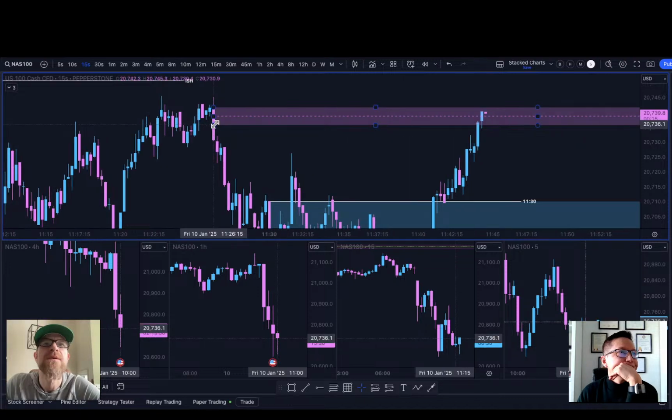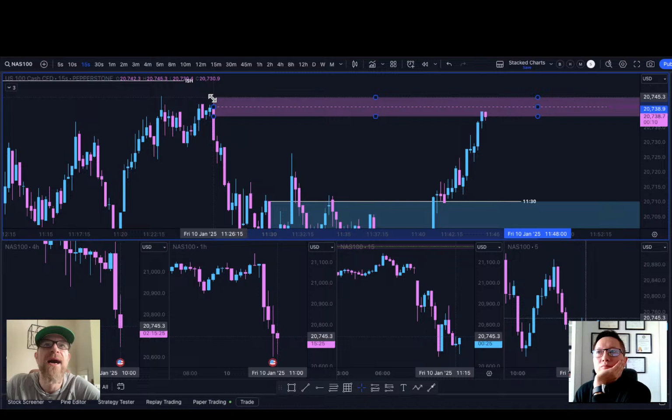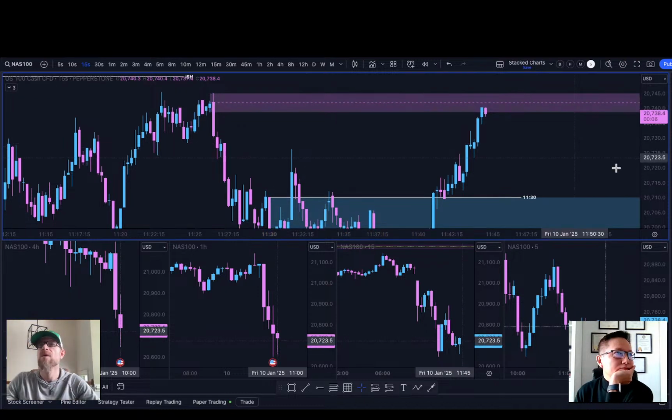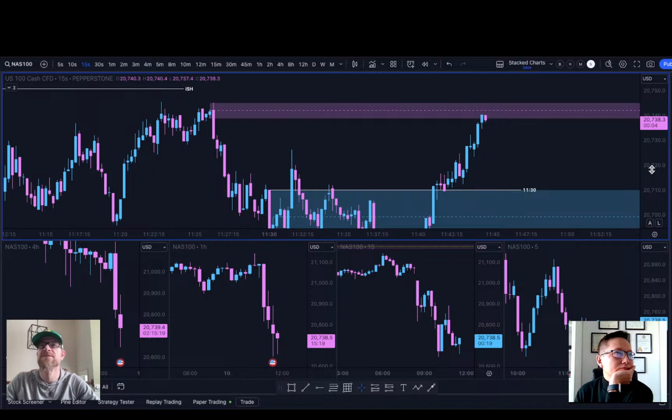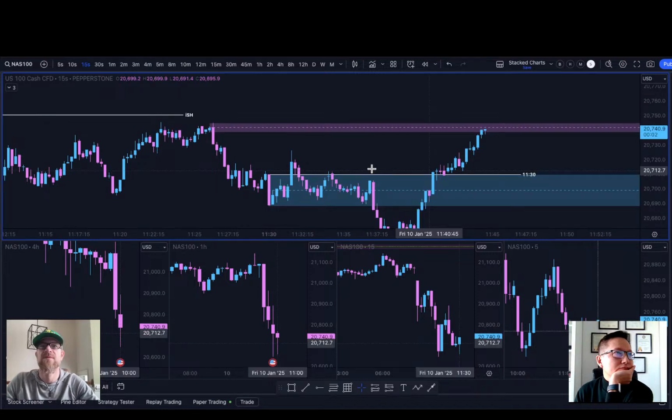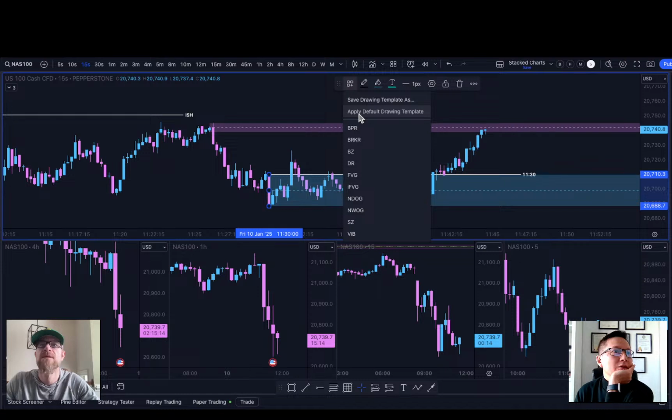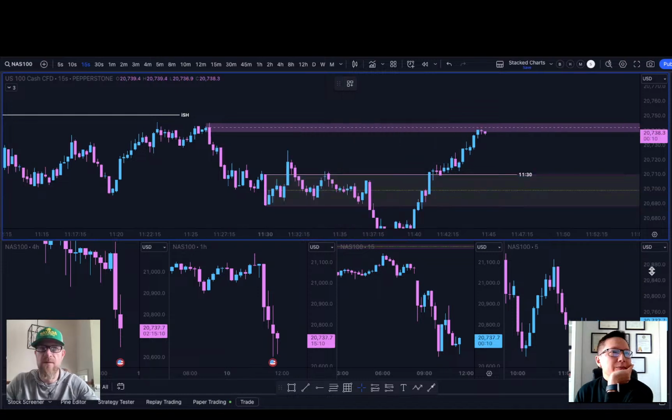Let's see. That was the last pullback, and that was the high. So anywhere in there is our supply. While we wait to see what happens up there, we have our breaker. Oh man, the 15-minute is about to close and it's completely engulfing. Completely engulfing. I love those candles. Yeah. One second, I'm going to use the restroom. Go, man.